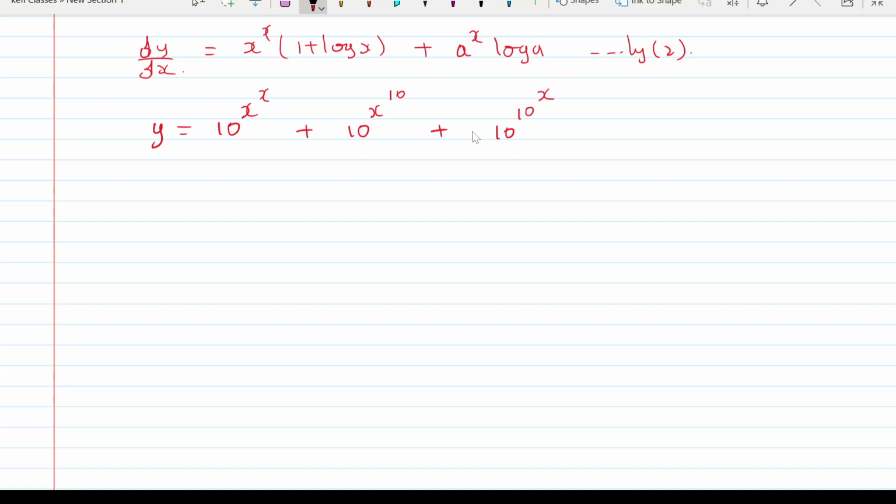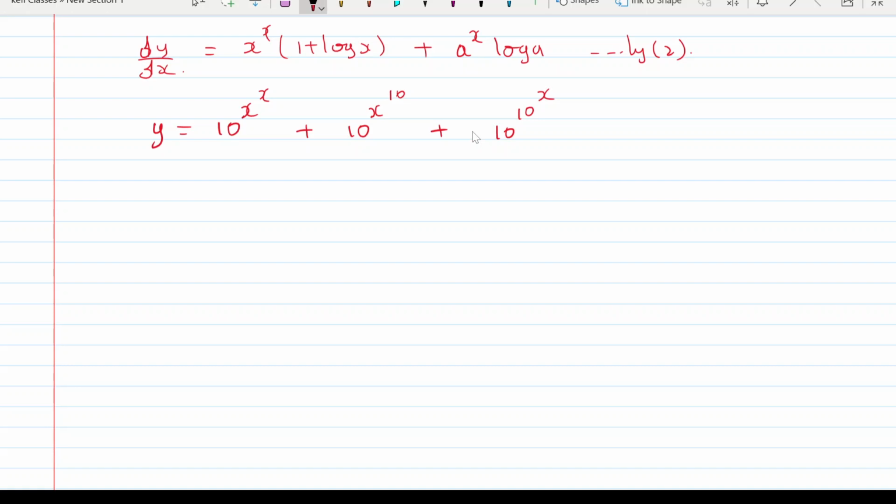Okay? तो क्वेश्चन लिखने में कंफ्यूजन होता है। You have to decide, right now in which form is this? A raised to f of x. This is also a raised to f of x. This third one is also a raised to f of x.